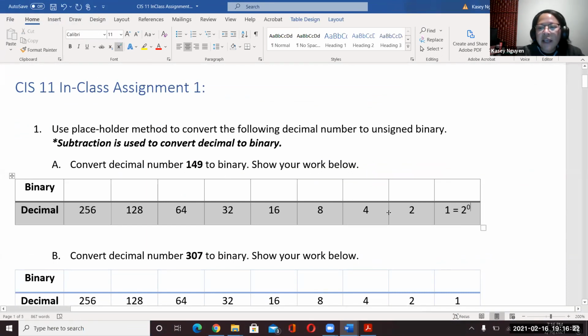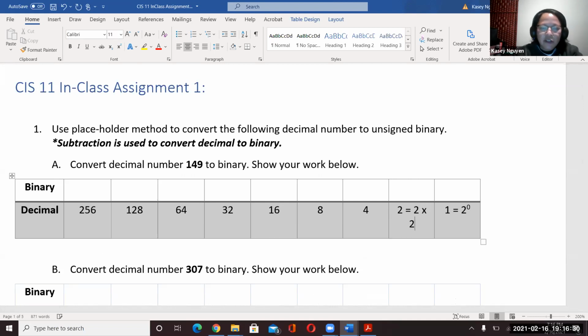And this 2 right here is 2 to the first. As we move to the left, we simply multiply by 2, and by 2 again, so it's 2 to the power of n to represent the binary in the scale.